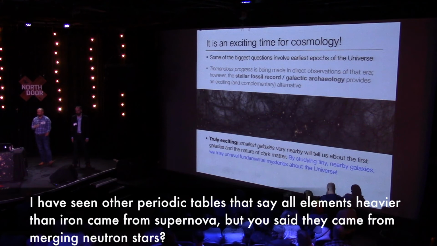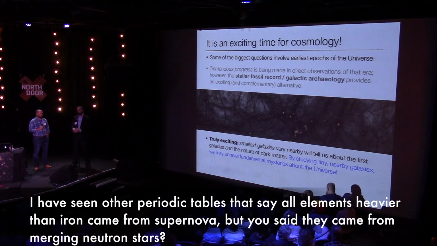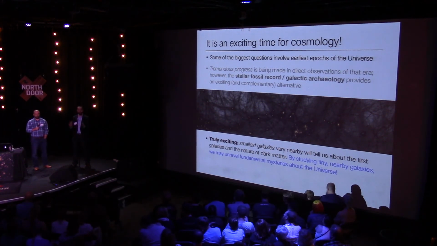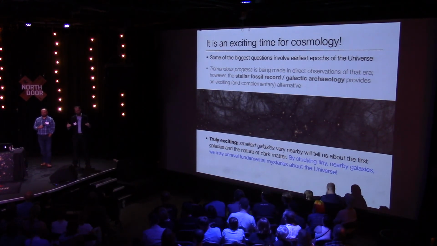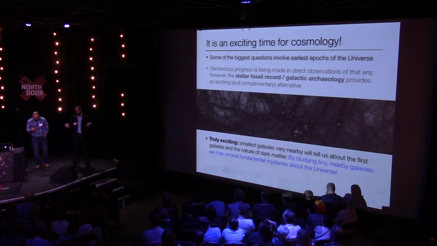Yeah, that is a good question. So he was saying that he's seen similar charts of the astronomer's periodic table, not the lazy one that had 3 elements, but the one that had a bunch of elements. And he was saying that he thought everything heavier than iron came from supernovae, not necessarily from merging neutron stars.